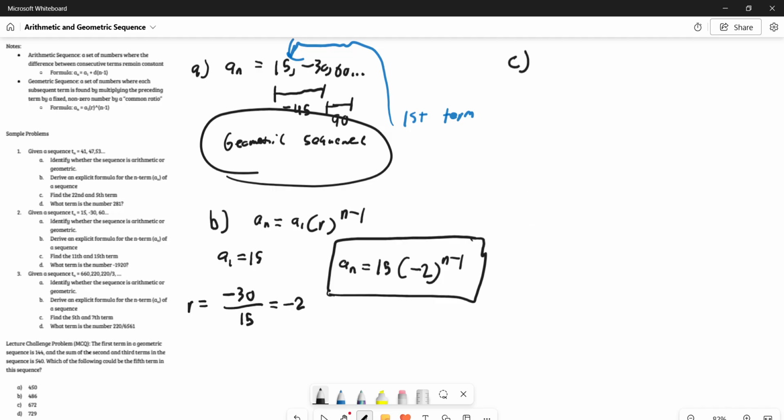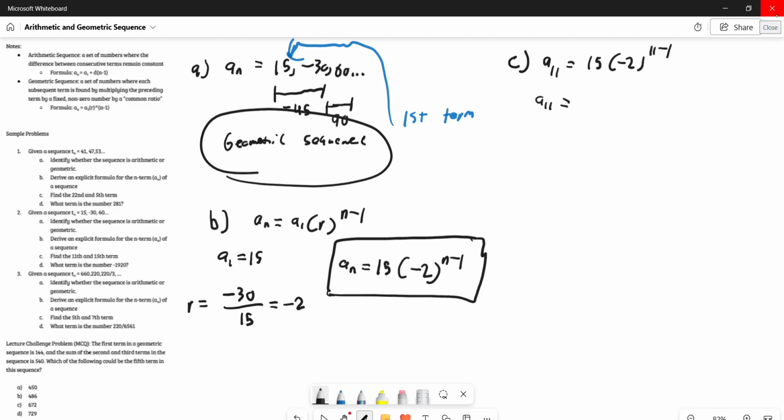Okay, part C. Find the 11th and 15th term. Well, just plug it in. A sub 11, let's do A11 first. A11 is just 15 times negative 2 to the power of 11 minus 1. I think you should pull up your calculator for this.